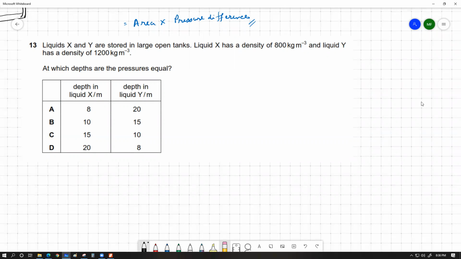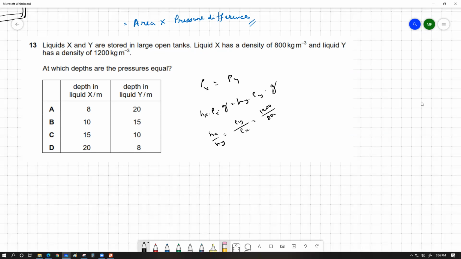So these types of questions come up, and they are actually very easy to do. You just develop the two equations. The question is asking at which depth the pressure should be equal. So pressure of X equals pressure of Y. So Hx into rho X into g should equal Hy into rho Y into g. g and g cancel. So what you ultimately get is Hx by Hy equals rho Y by rho X. Here the density of liquid Y is 1200, and the density of liquid X is 800.